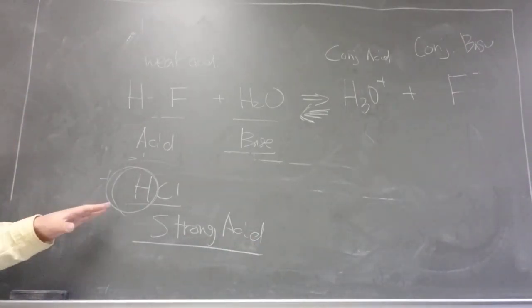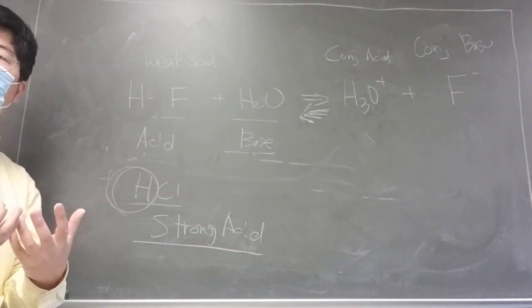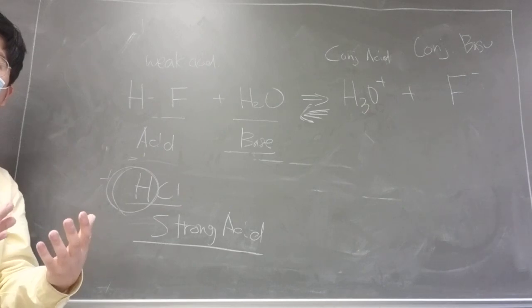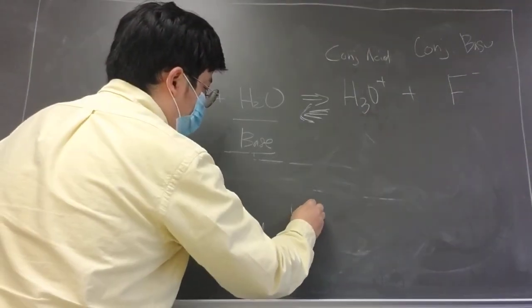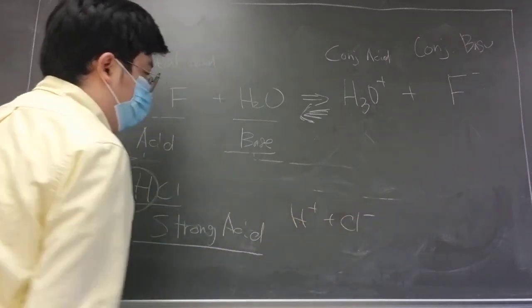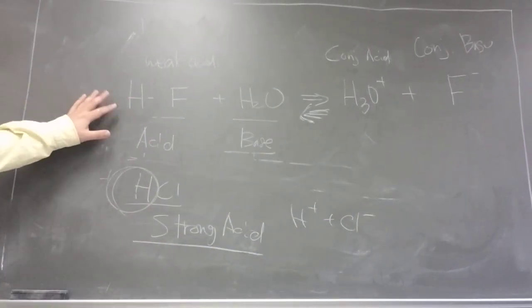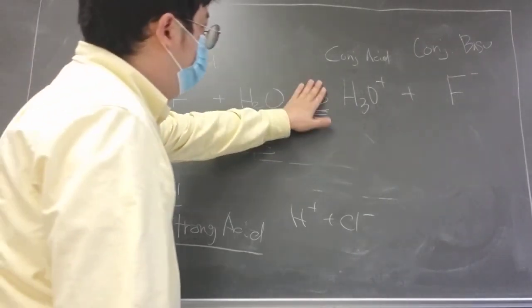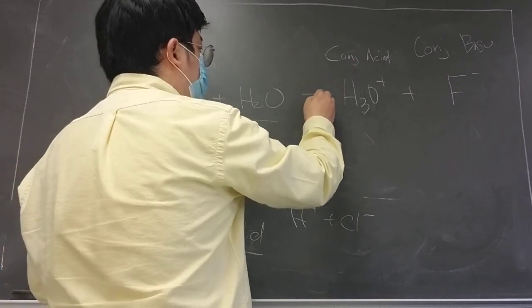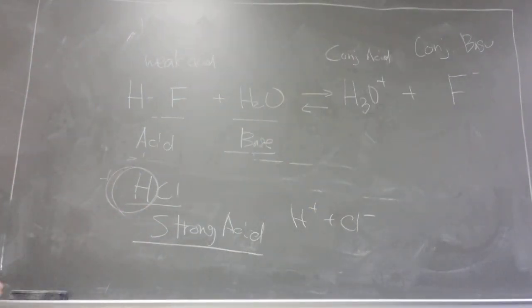So for a strong acidic compound, you can assume almost 100% dissociation into hydrogen cation and anion, most likely in aqueous conditions. But this one, not really. That's what we mentioned: it can go forward and reverse, so there's some back and forth interaction there.